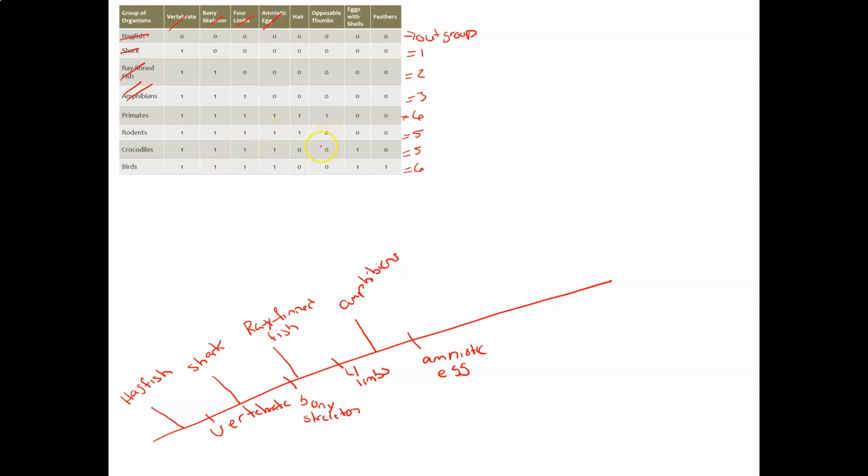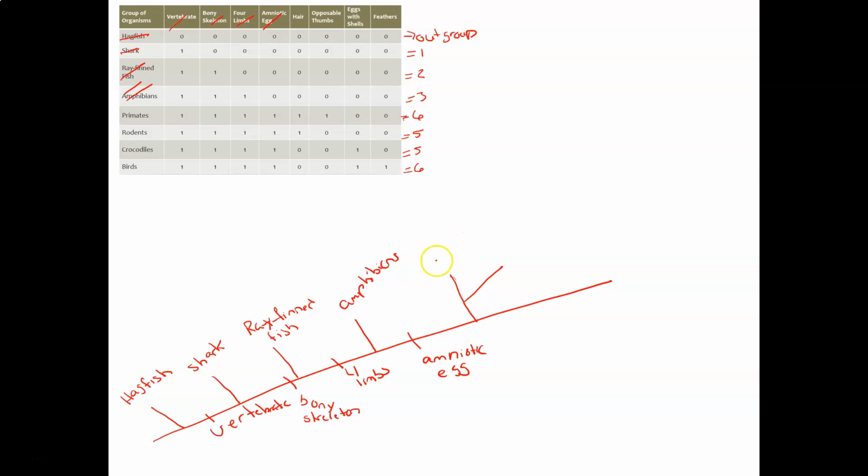Okay, so that then leaves those rodents and those crocodiles. And if I look, rodents have hair but nothing else. Crocodiles have the egg but nothing else. So that's going to tell me that these guys are actually going to branch off of each other.